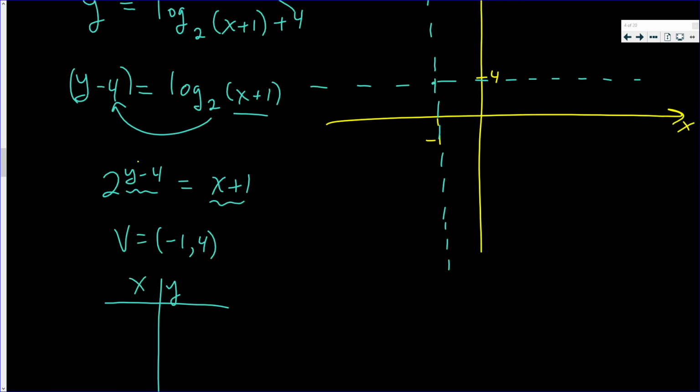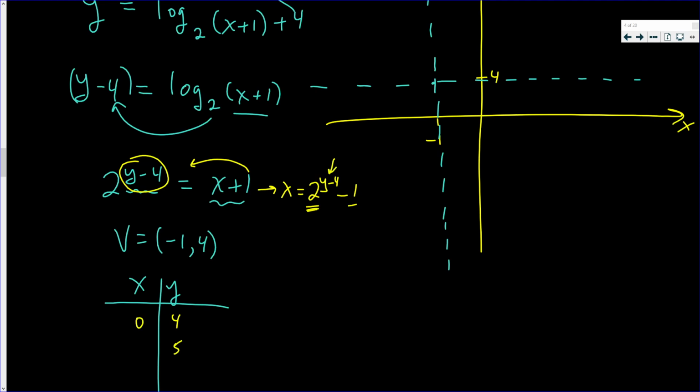Well, what makes this power 0? The answer is y equaling 4. Now if you want, you can bring the 1 over. Say x is 2 to the y minus 4 minus 1. If y is 4, then the exponent will be 0. 2 to the 0 is 1, minus 1 is 0.